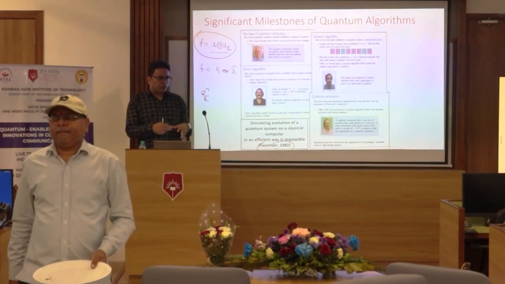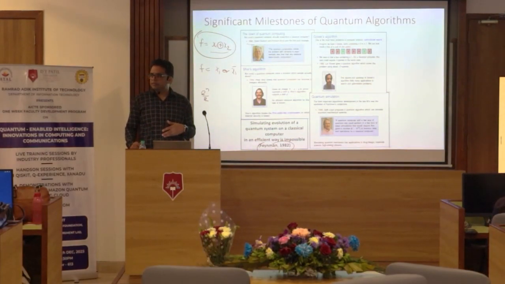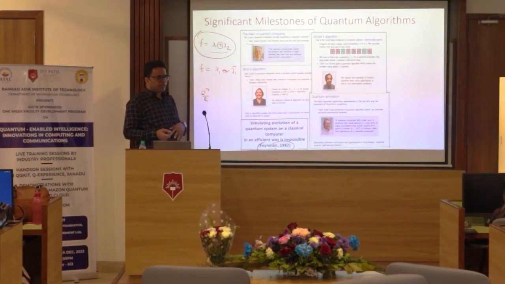Classically it takes 2 power n by 2 computations of f, but using this quantum algorithm you can do it in one time. So basically, an exponential speedup is provided. But this problem is not of much importance to us, as finding whether a function is balanced or constant has no very practical applications.